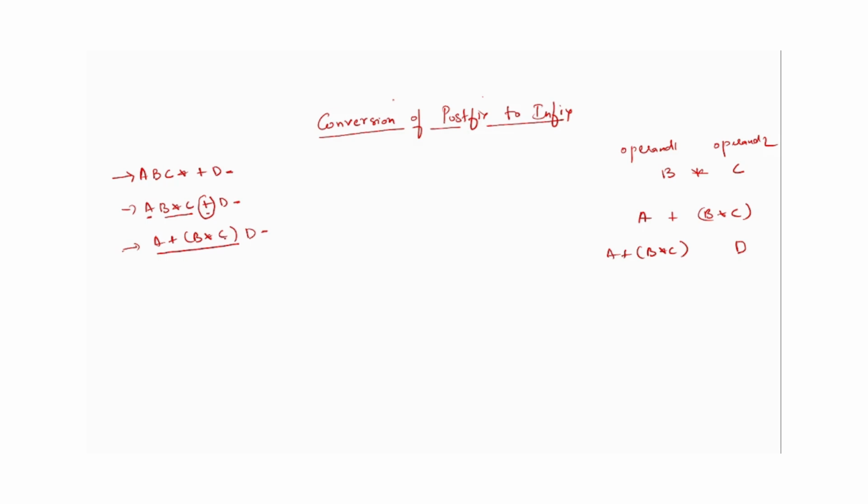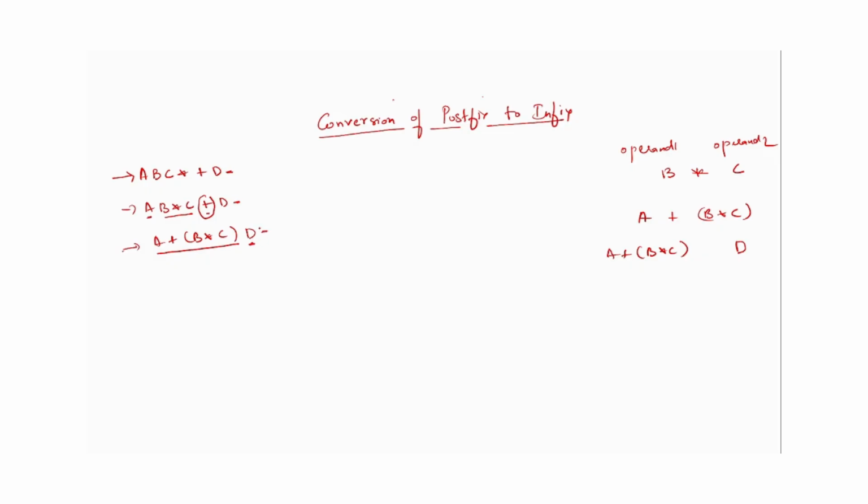Why? Because the operator minus is there after D. Therefore the operand just before the operator would be operand 2.